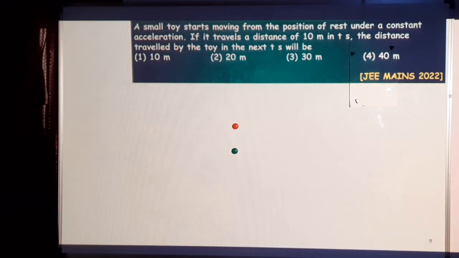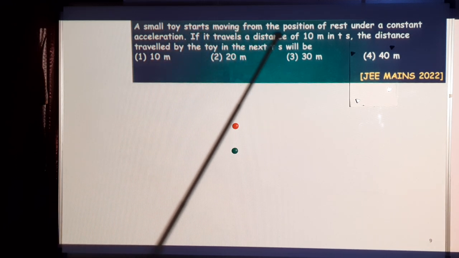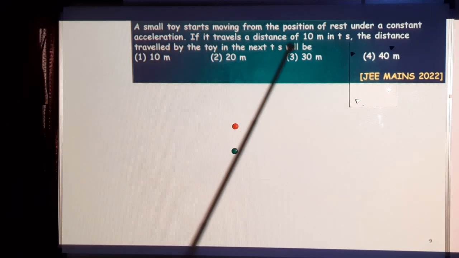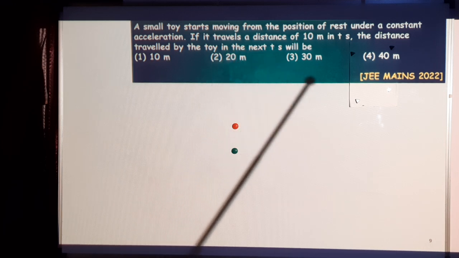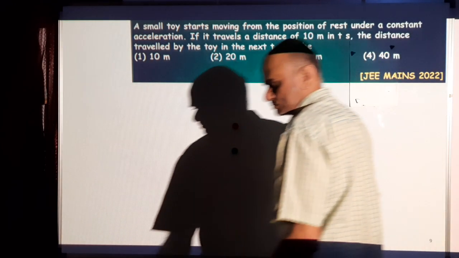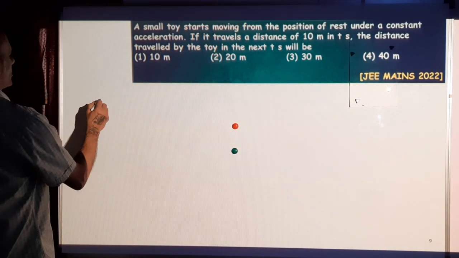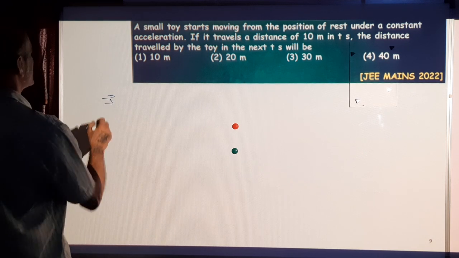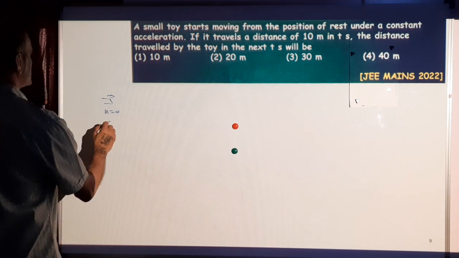To the next question. A small toy starts moving from the position of rest under a constant acceleration. If it travels a distance of 10 meters in t seconds, the distance traveled by the toy in the next t seconds will be? So the toy is moving from rest, so u is 0, acceleration is constant.